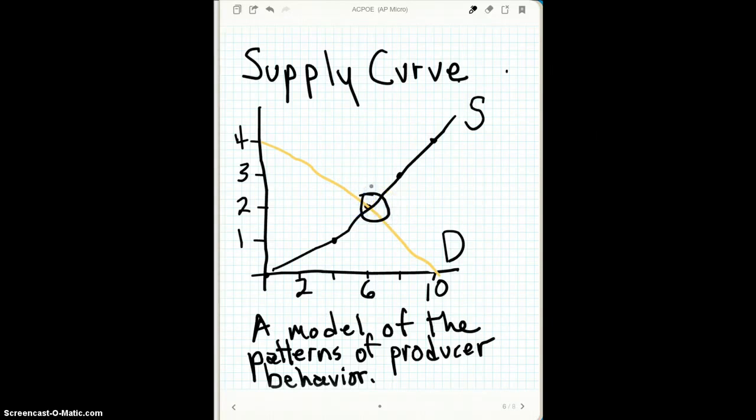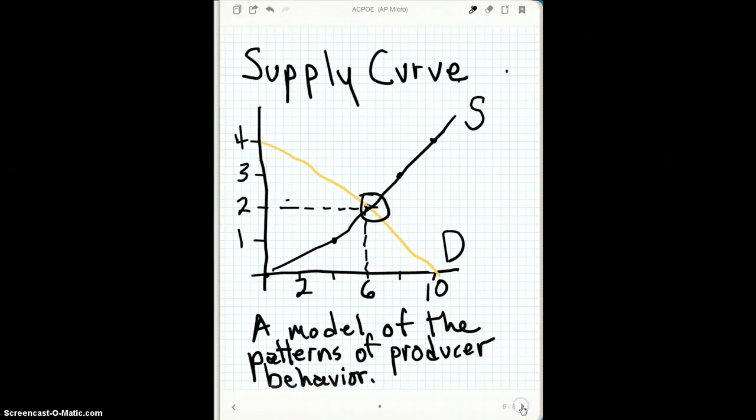They intersect at a price of 2. At a price of 2, both the quantity demanded and the quantity supplied is 6. So the supply curve, the black curve, is a model of the patterns of producer behavior.